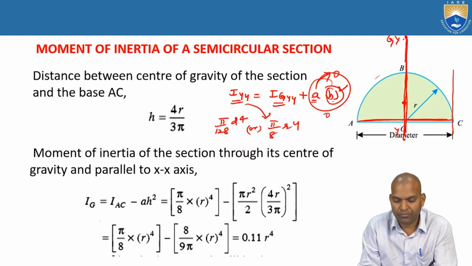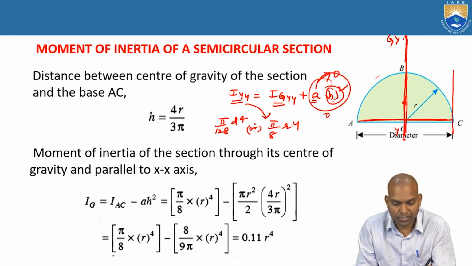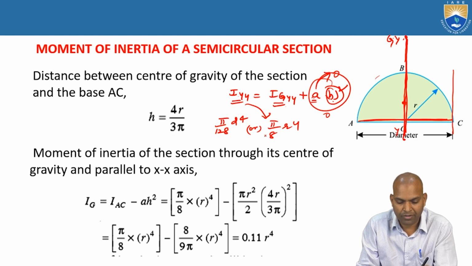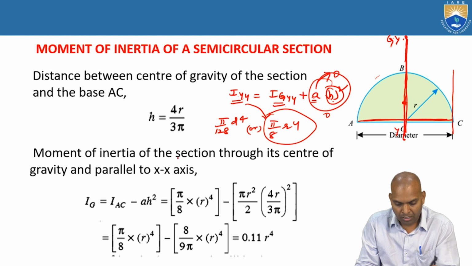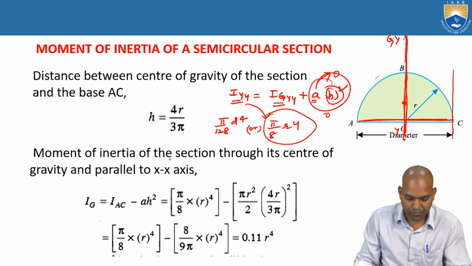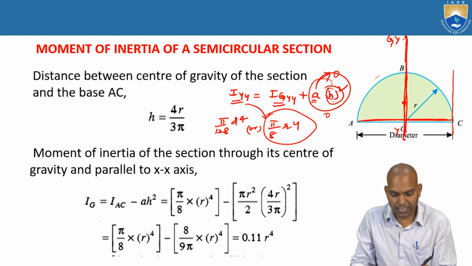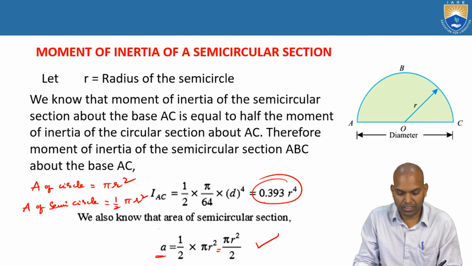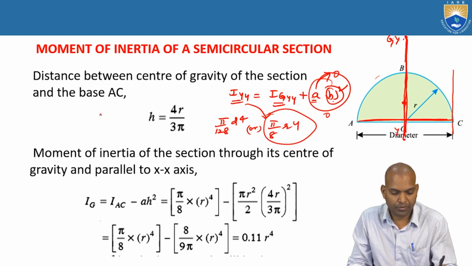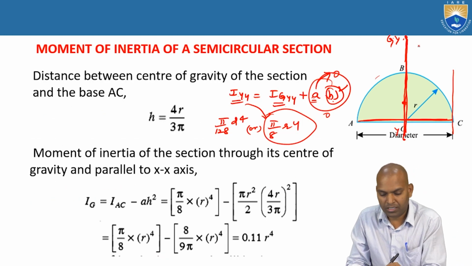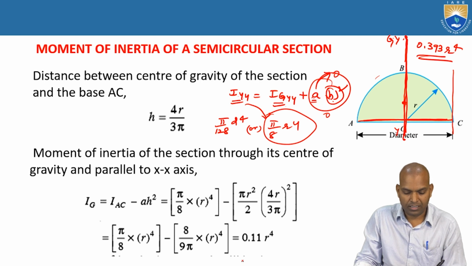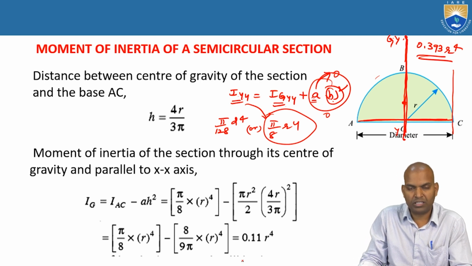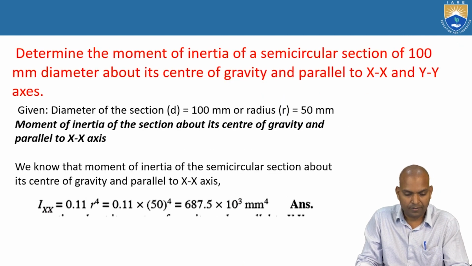Then I_GYY equals I_YY, which is nothing but I_AC, that is pi by 8 times r power 4, which is 0.393 r power 4. Like that, we have to calculate the moment of inertia about the axis.